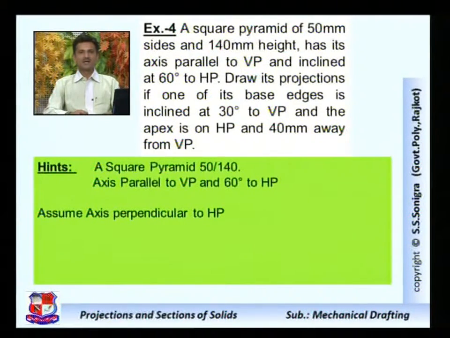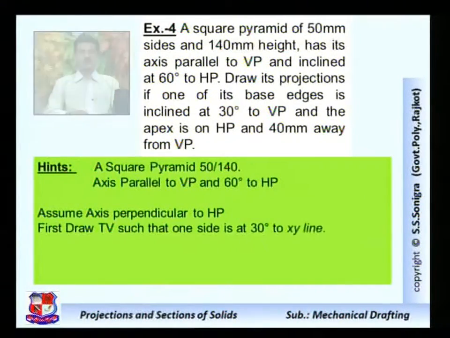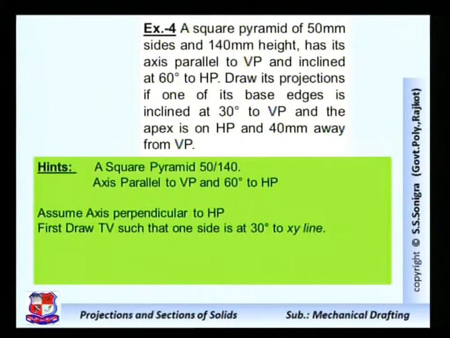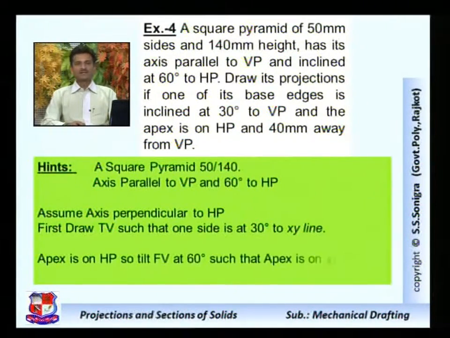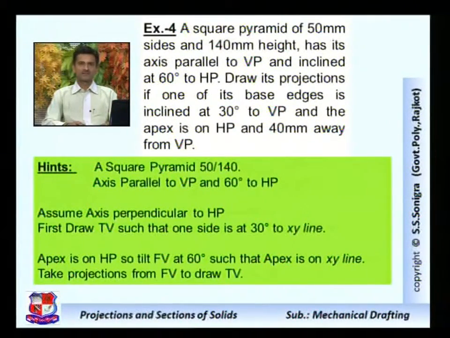We assume this and first draw top view such that one side is at 30 degree to XY line. First you have to think this. Then apex is on HP, so tilt front view at an angle of 60 degree such that apex is on XY line, and take projections from front view to draw its top view. So these are the steps which we have to follow to solve this problem.